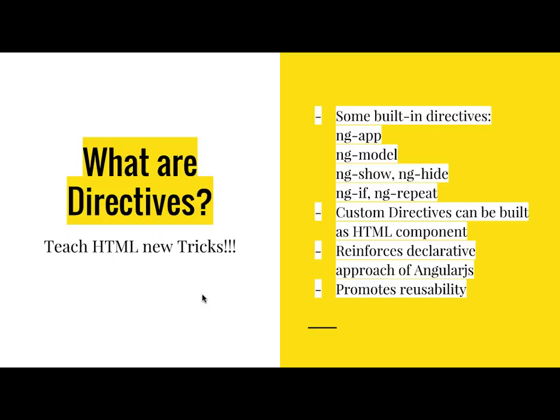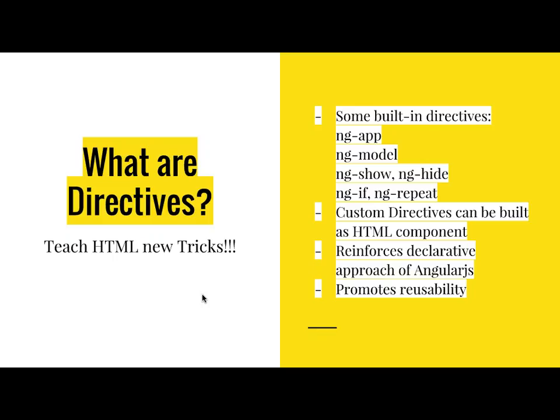You don't have to do anything. It's all a declarative approach. You can also build custom directives. Directives are used like any other HTML tag, and that's why we say when we are creating a directive, we are teaching HTML how to handle a new tag. So it reinforces the declarative approach and promotes reusability.